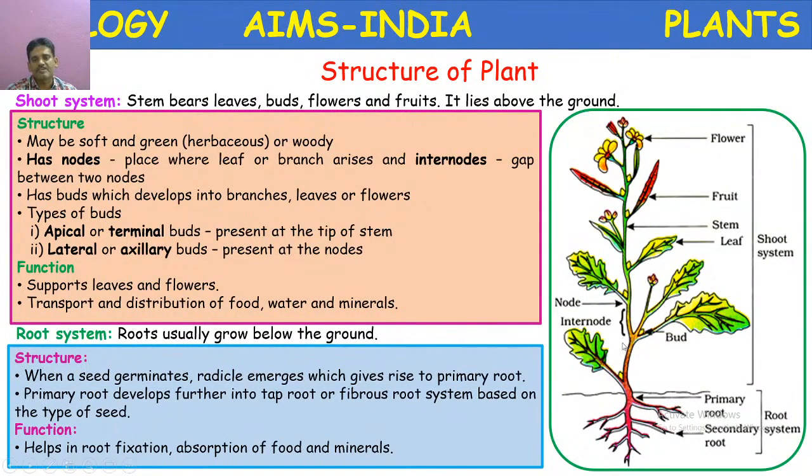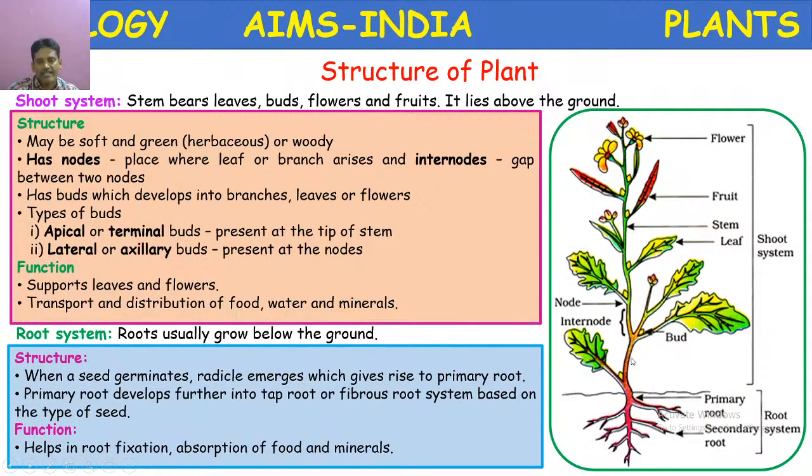Next, come to the function of the stem. You know, the stem is a very important part. It bears the entire weight of the plant. It bears flowers, fruits, leaves. The main function of the stem is that it supports the plant.